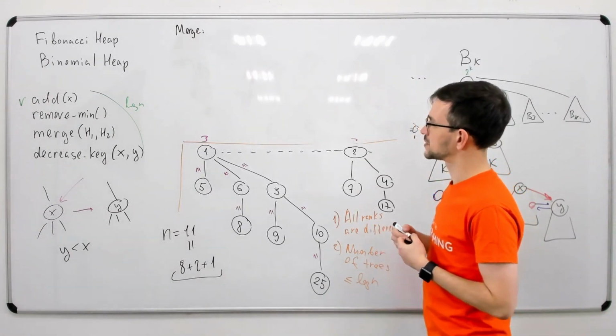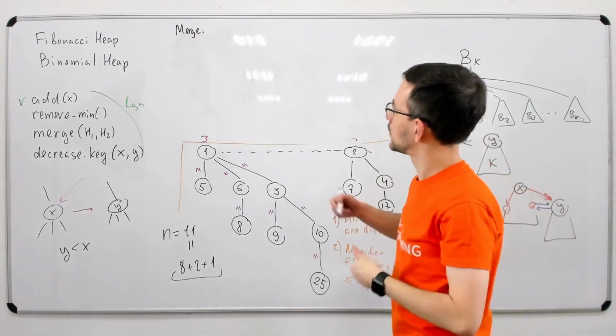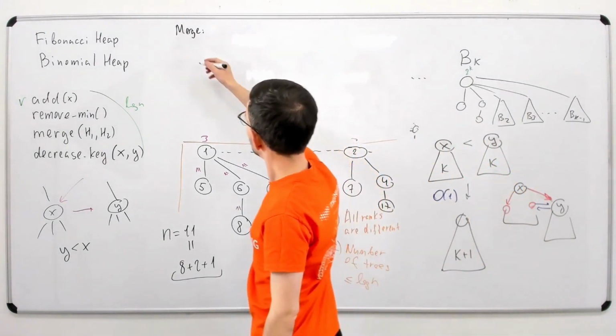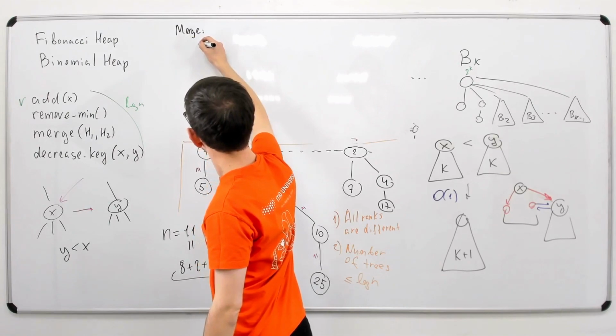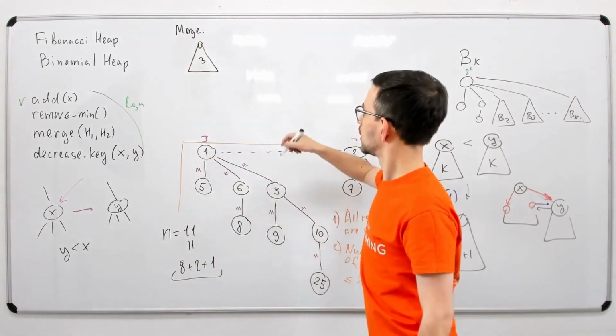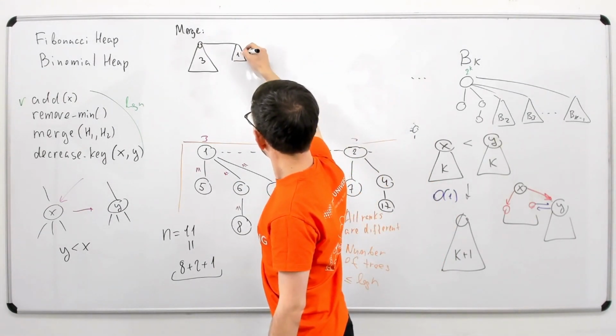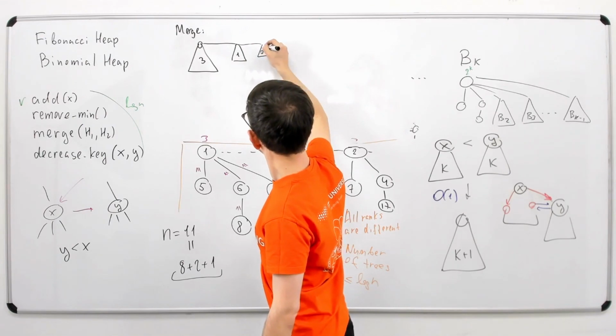For example, let's say we have a heap of 11 elements, like here. We have a tree of rank 3, like this, another tree of rank 1, and another tree of rank 0.